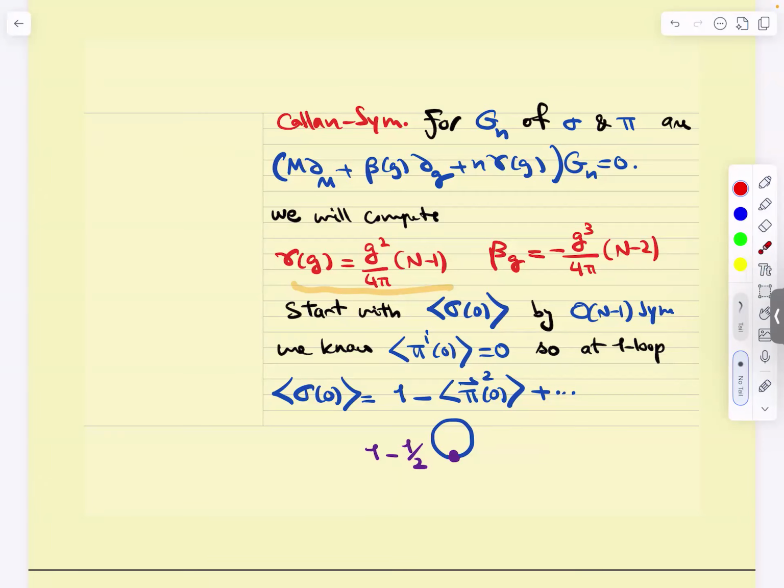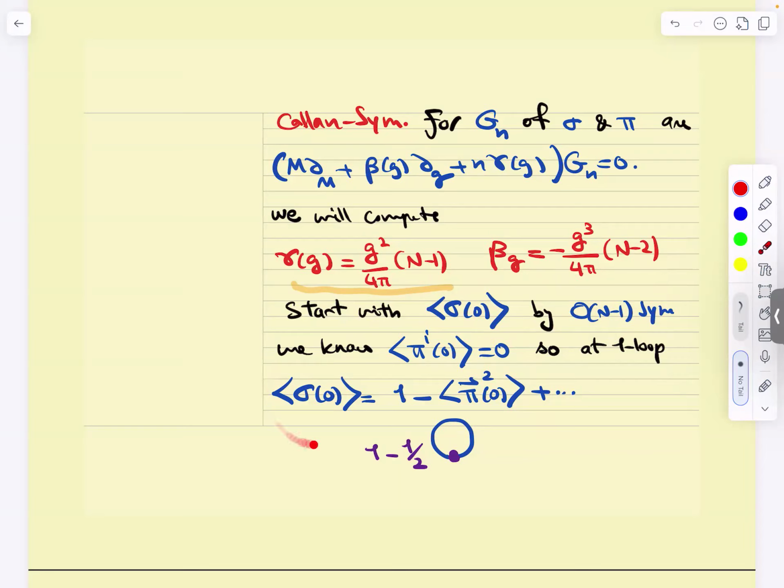Okay, so start with the 1-point function of sigma. This is what we're going to calculate. By ON minus 1 symmetry that's preserved, we know that pi i of 0 should be 0. Right? There should be no 1-point function for pi i.